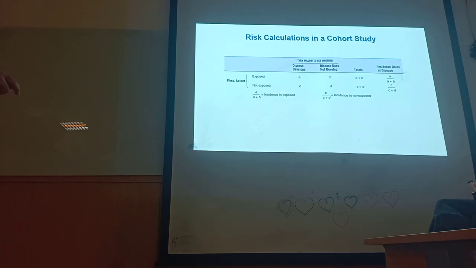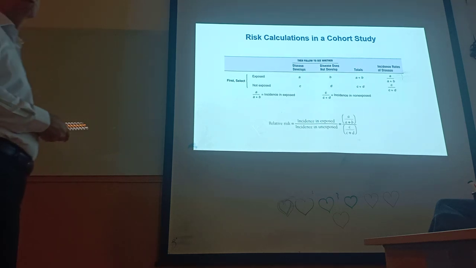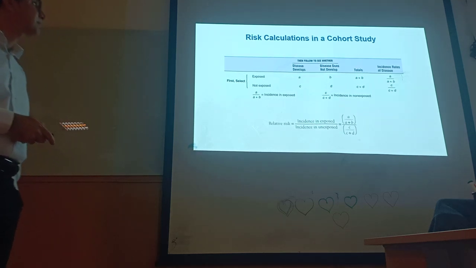So we can calculate incidence in the exposed group, A over A plus B, and in the non-exposed group, C over C plus D. And the relative risk would be incidence in exposed divided by incidence in unexposed, which means A over A plus B divided by C over C plus D. This is the formula for relative risk.